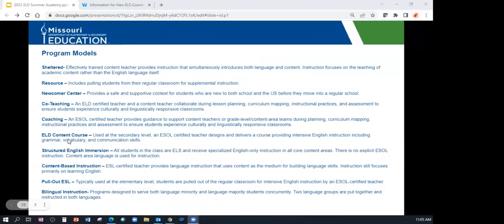You can have ELD as a content course, that's usually in secondary. Structured English immersion, that's where they're in a regular classroom. Content-based instruction, pull-out ESL, and then bilingual instruction. Those are the models that we identify within our core data. And this gives you a definition of each one if you want to go back and read through that.